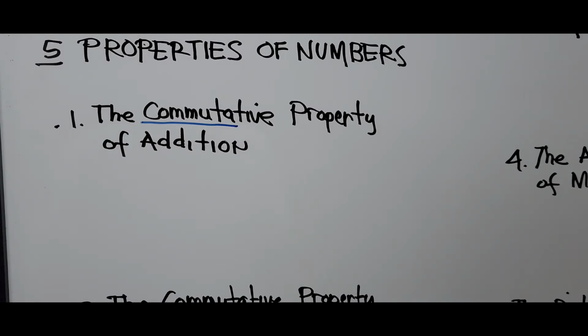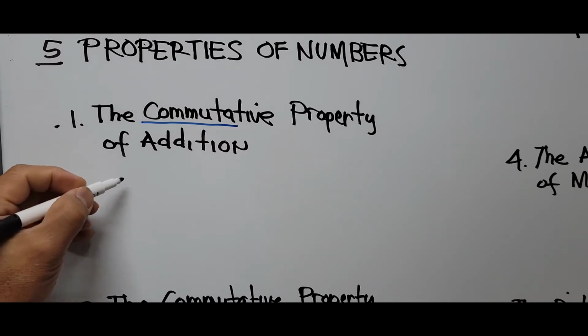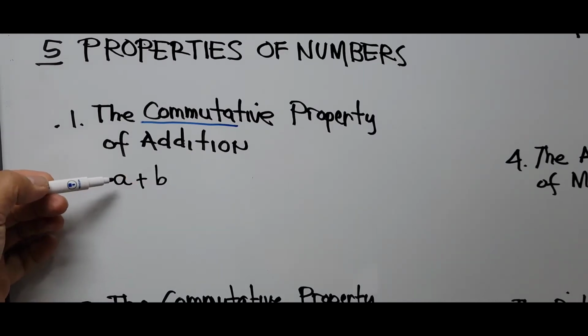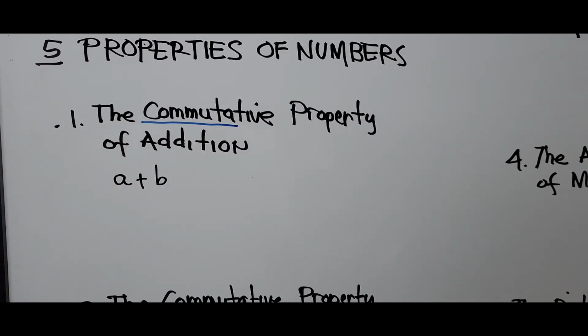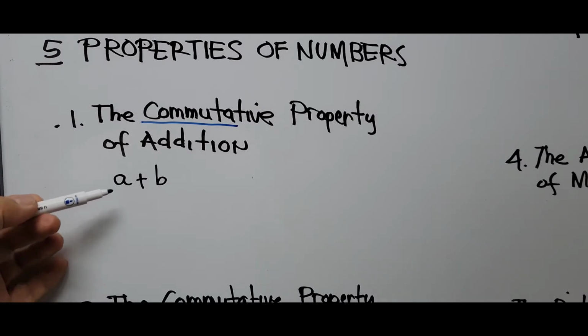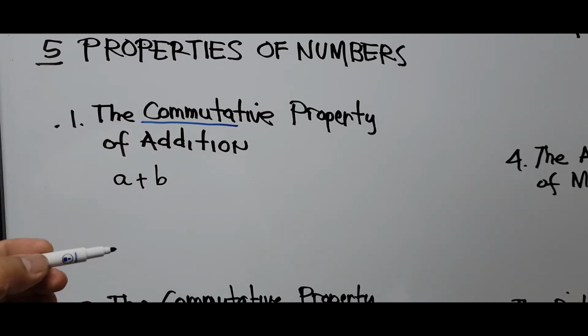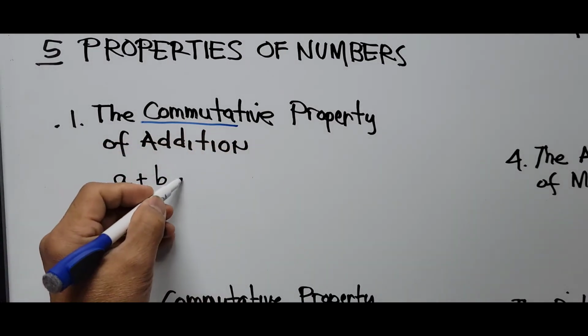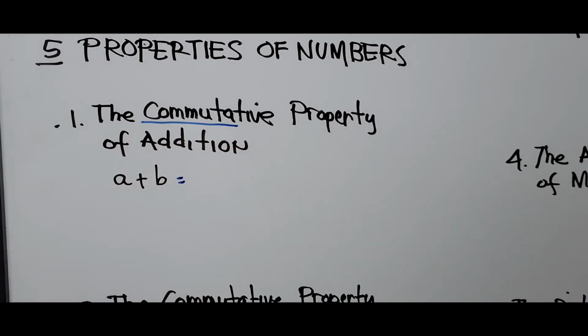You go from one place to another place, right? So it's presenting a variable. Let's say a plus b. Let's say variable a plus variable b. If you notice, a is on the left, b is on the right. From the word commutative, that means if you move them, it will be the same, right?